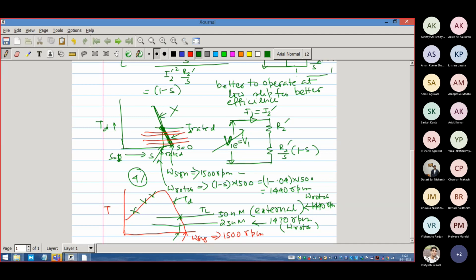How do I run at 750 RPM? In the original form, 750 RPM will be coming somewhere here, in the zone of what is that called? Unstable zone. And even if it would have been in the stable zone, it would not have been possible because it is a high slip. High slip means efficiency is hardly anything. Efficiency is 50%. The whole machine will burn.